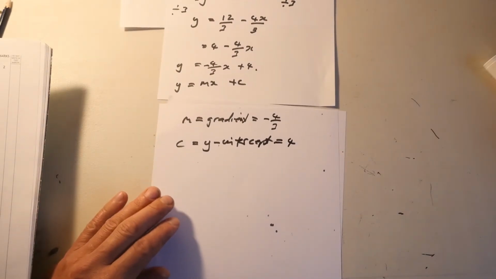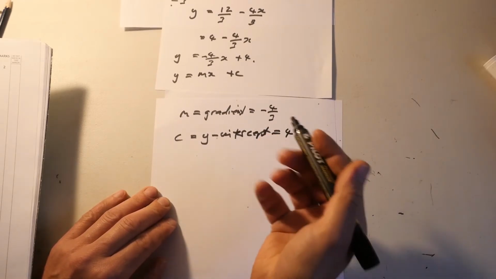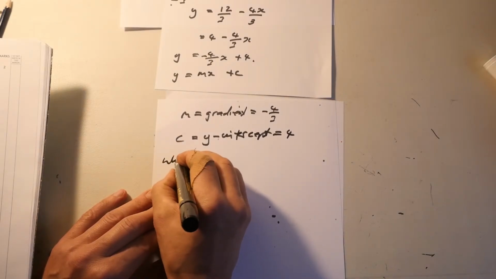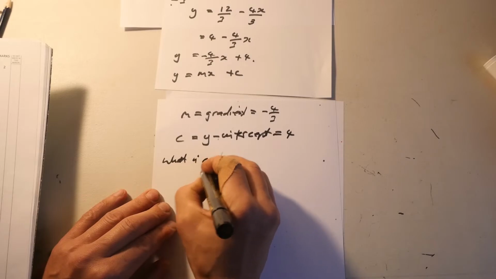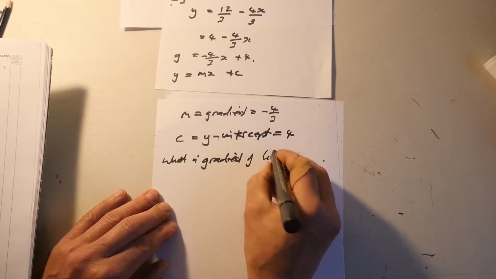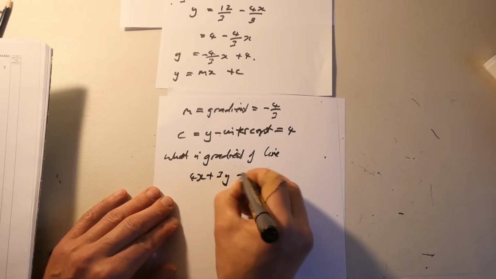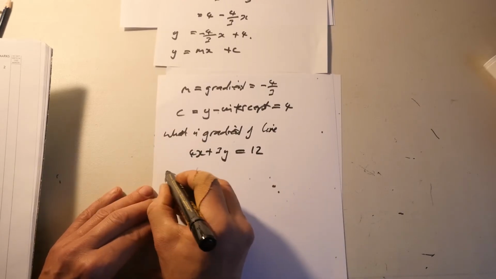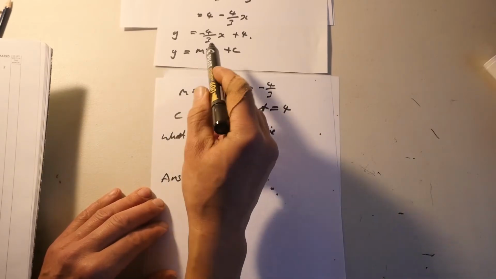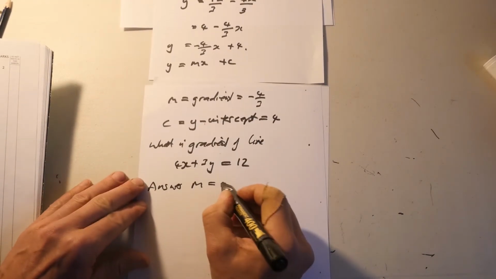But the question asks, what is the gradient of the straight line 4x plus 3y equals 12? So the answer is m equals, as I showed you here, minus 4/3.